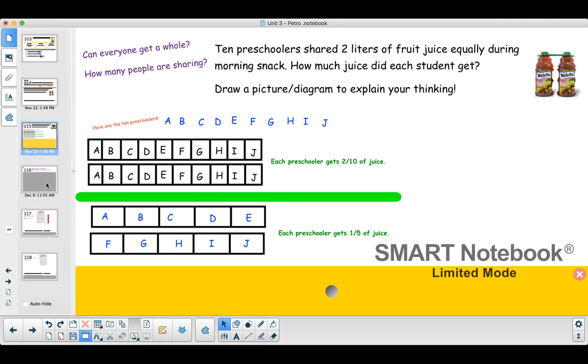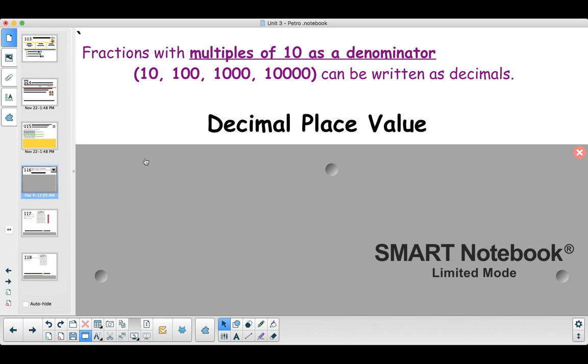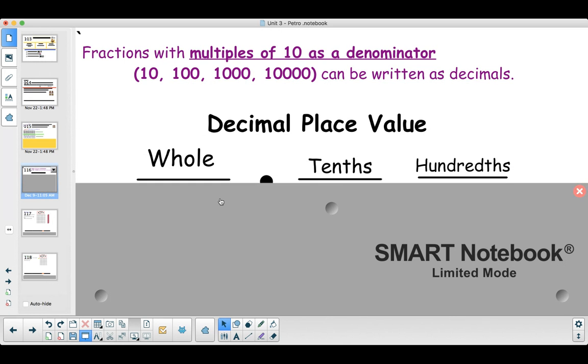Today we are going to be talking a little bit about decimals, specifically tenths and hundredths. Fractions with multiples of 10 as a denominator, so fractions that have a denominator of 10, 100, 1,000, 10,000, and so on, can be written as decimals. We're going to review our decimal place value.